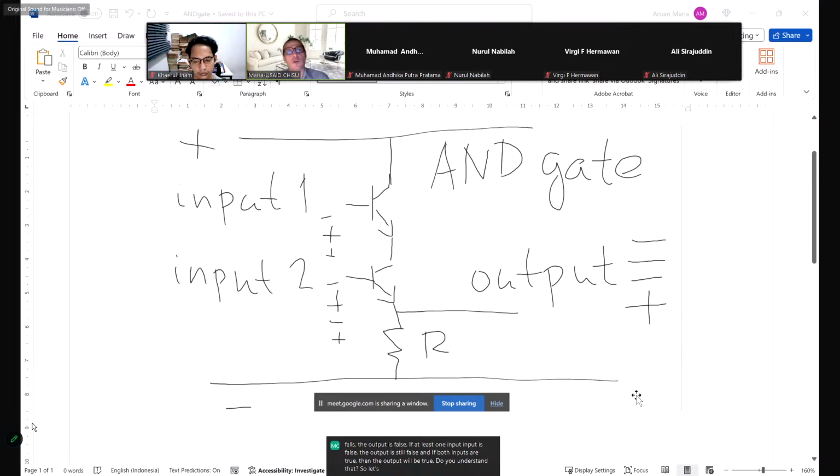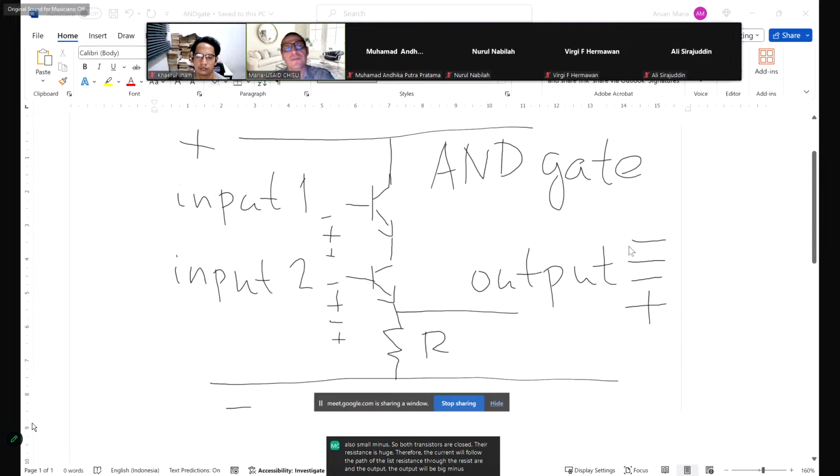So let's see how it works. For example, the first input is small minus, and the second input is also small minus. So both transistors are closed. Their resistance is huge. Therefore, the current will follow the path of the least resistance through the resistor R, and the output will be big minus.